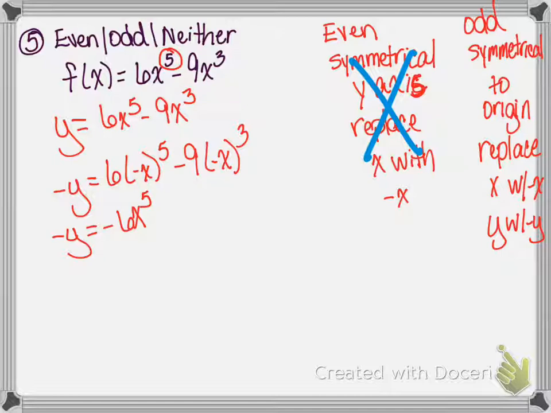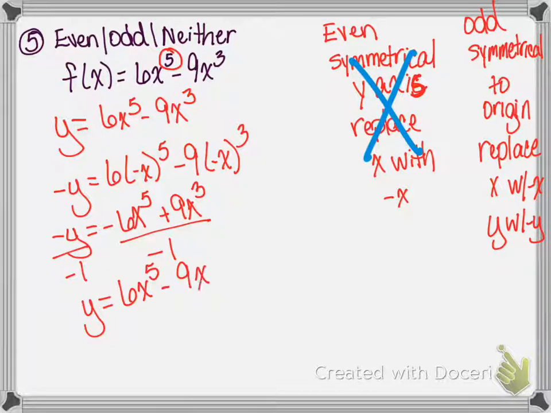And a negative times a negative is a positive. So I'm going to divide by negative 1. And I'm left with 6x to the 5th minus 9x to the 3rd, which is the same thing that I started with. So that means that this is an odd function.